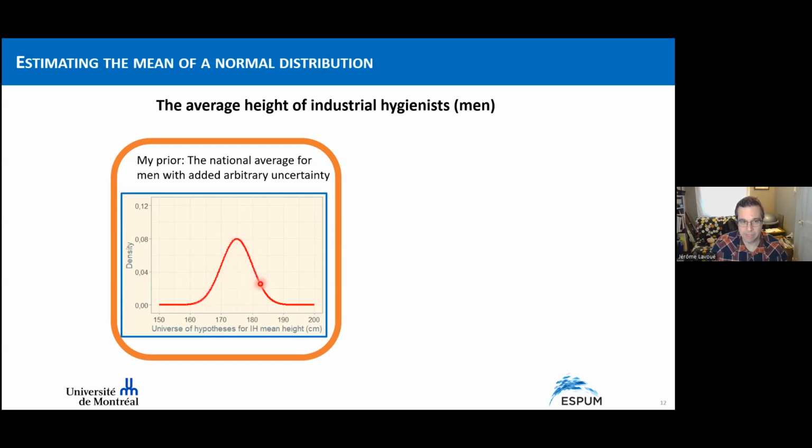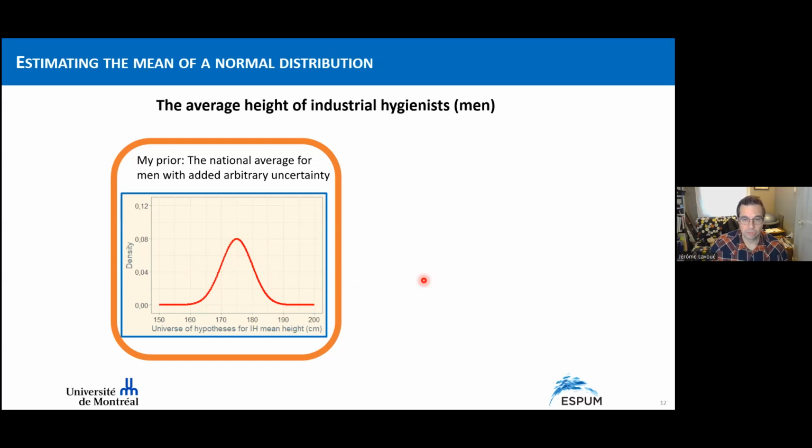The true value might be as high as 190. But you see that below 160 and above 190, my personal opinion is that it's almost impossible that the mean of male industrial hygienists would be outside this range. So this would be my prior definition.